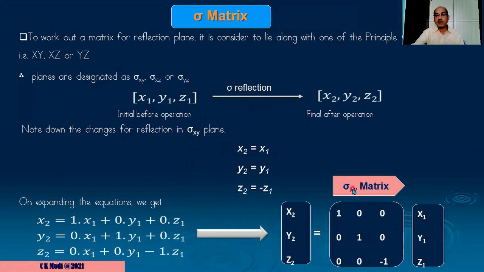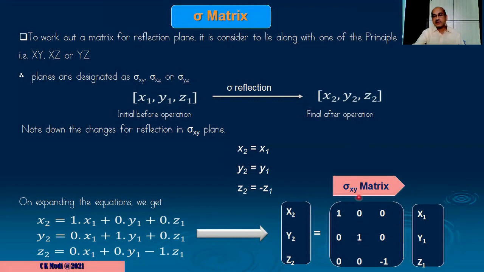What is the value of sigma xz? In that case, the x and z coordinates are situated in the plane. However, y is perpendicular to the plane, so sigma xz is 1 0 0, 0 minus 1 0, 0 0 1. And what about sigma yz? What is the matrix for sigma yz?